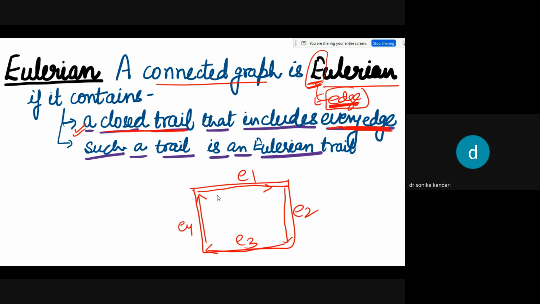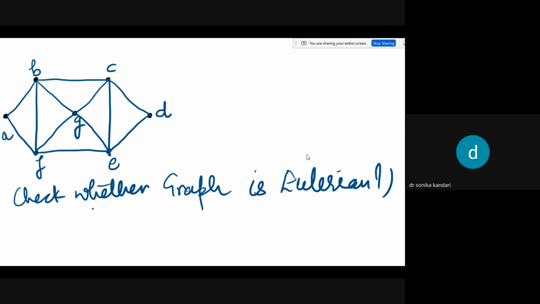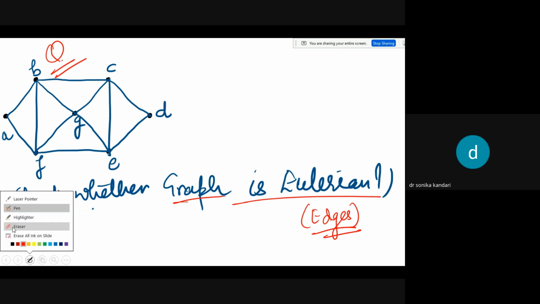And a graph having an Eulerian trail will be known as an Eulerian graph. See, this is the diagram. You have to find whether the graph is Eulerian or not. You have to check for the edges. Every edge should be covered.